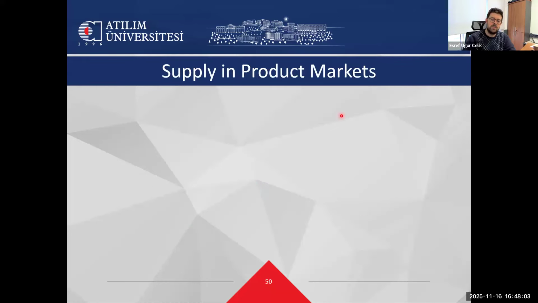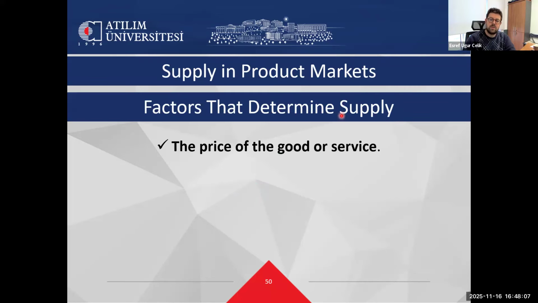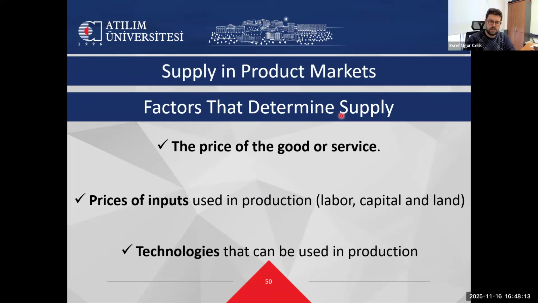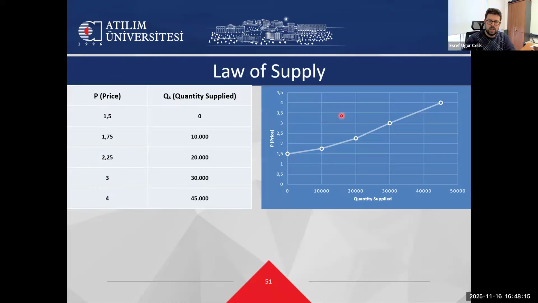Okay, let's look at the supply part. Three determinants: price of a good, input prices, and technology. Law of supply. As you see in the table, the relationship between price and quantity supplied is positive. That's why the supply curve is positive.